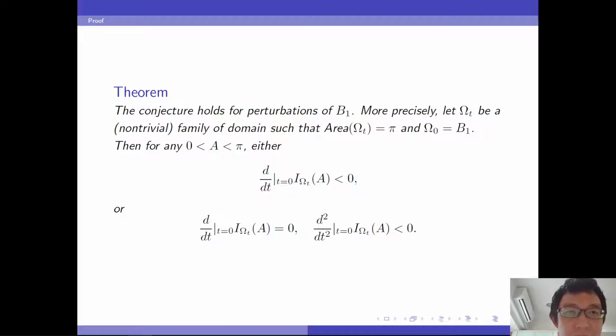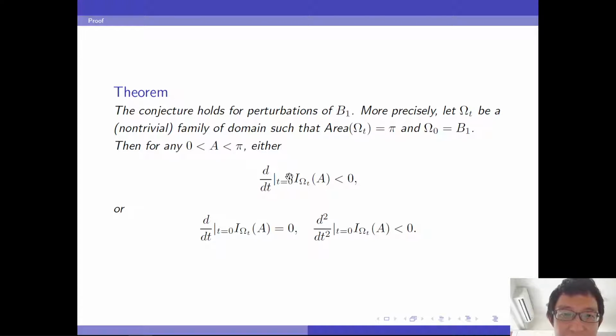And finally, let's talk about the perturbative result we obtained. We showed that the conjecture holds for perturbations of the unit disk. Precisely, if omega t is a family of domains starting out from the unit disk, and each of them has area pi, then we can show that the isoperimetric profile would go down in the first derivative.